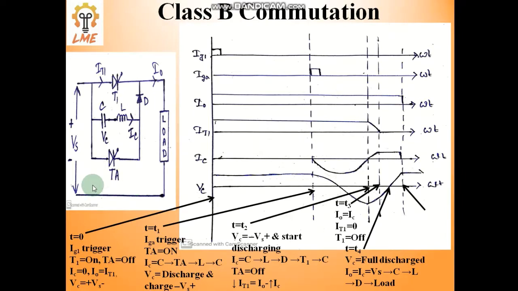So at t equal to t5 the capacitor is again charged with the polarity, this is positive and this is negative, because current passes from left to right, so the left plate goes positive and the right plate goes negative.